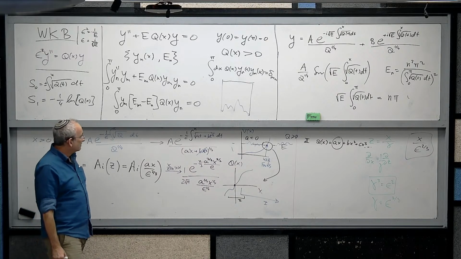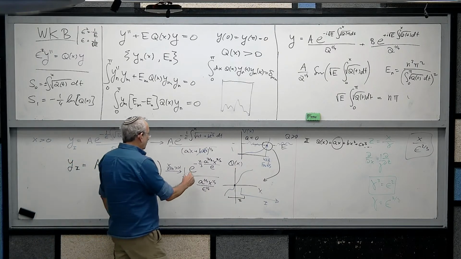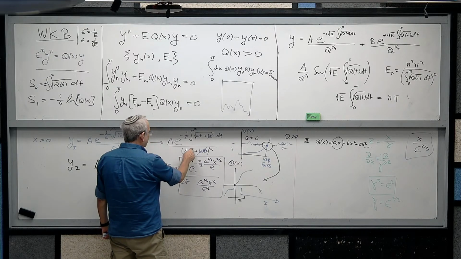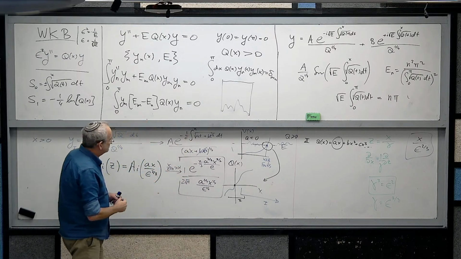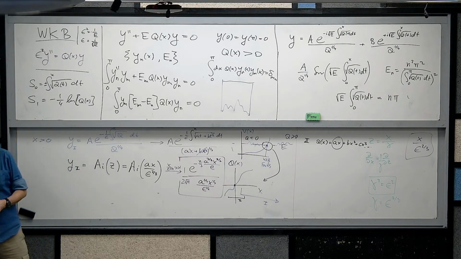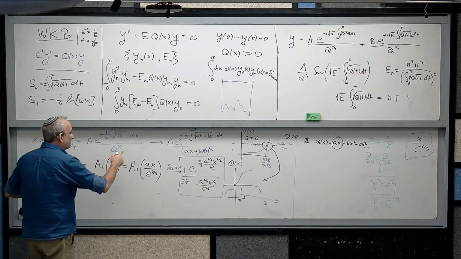Now, here is a question. We have this. Does it match to this? Yes. You have A equal to epsilon to the 1/6 over the square root of pi.